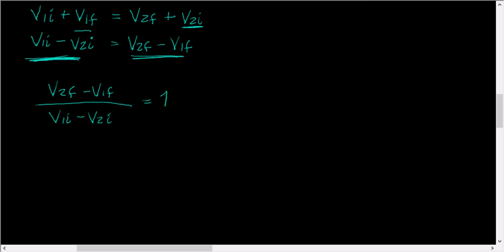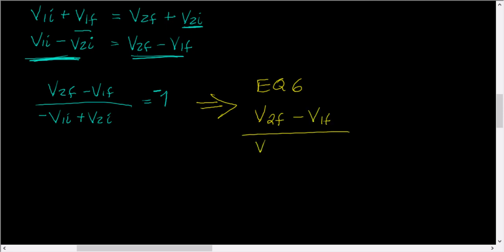And of course, that gives me a 1 on the other side of the equation. And if I switch the order on these two, it's the same as multiplying through by -1. So that makes this -1. And there we finally have equation 6. v2 final minus v1 final divided by v2 initial minus v1 initial is all equal to -1.